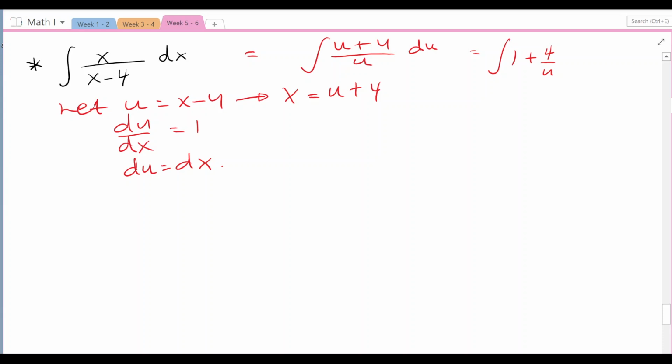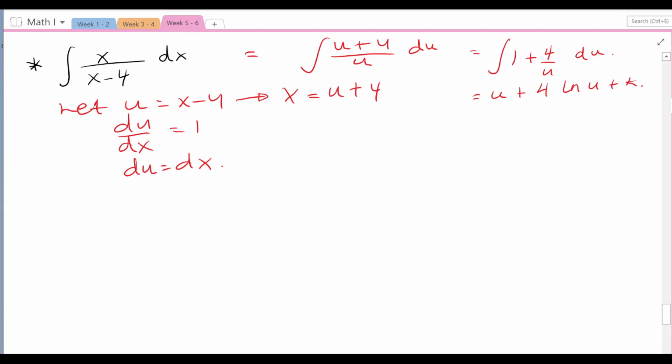With respect to du, the integral of 1 with respect to u becomes u, and the integral of 4 over u du is of course 4 ln u, plus let the initial constant be k.